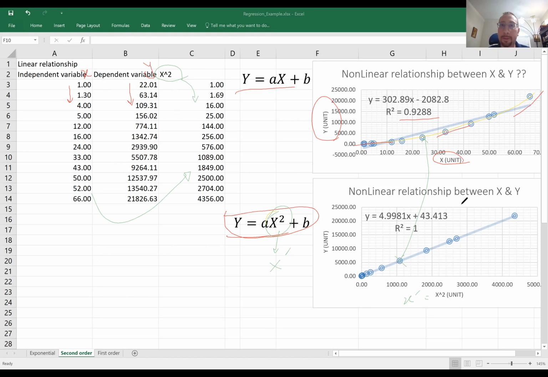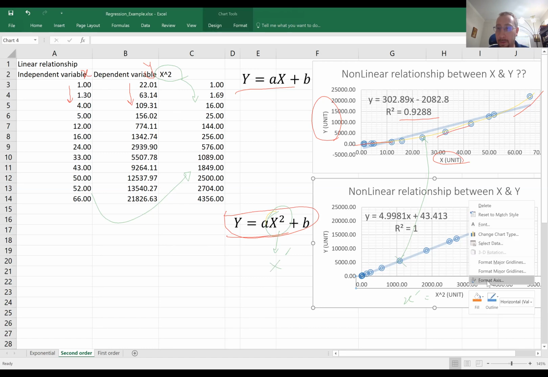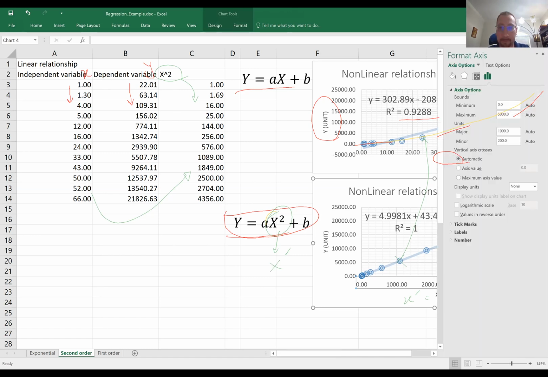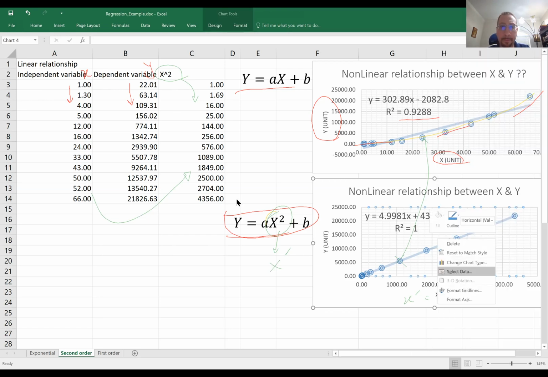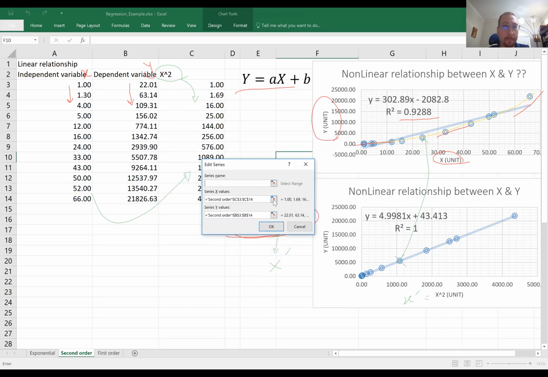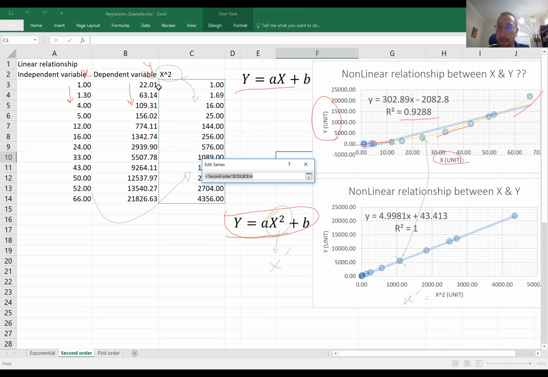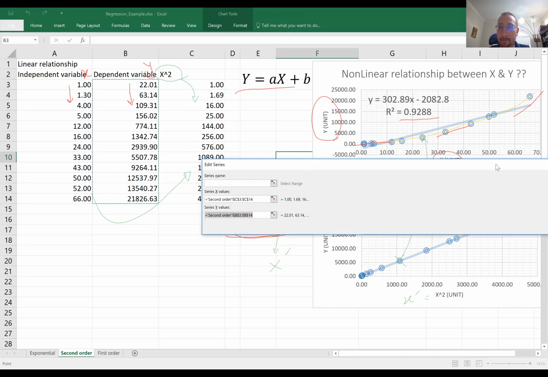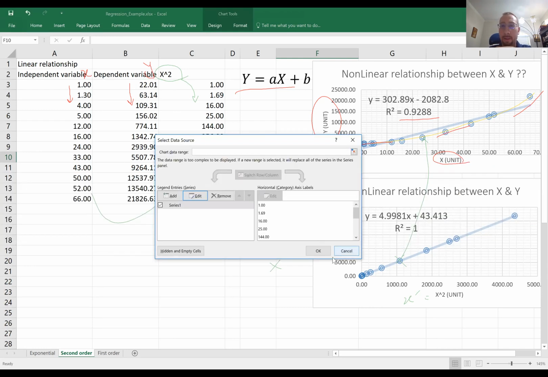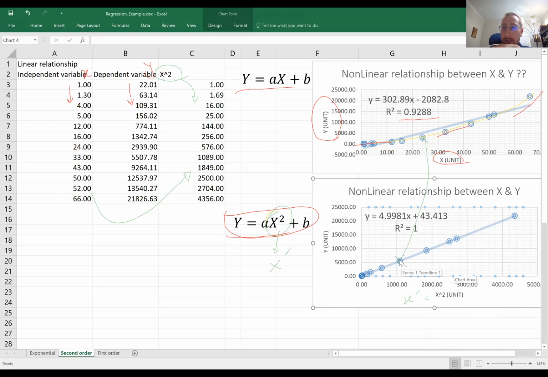There is just one thing. Basically, this is going to be my X squared, and this is going to be my Y. Any point on this axis is the same point here to the power of 2.